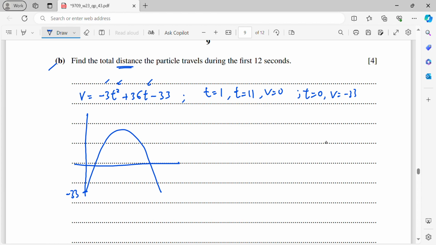This is negative 33, and then here is going to be 1. This is v, this is t. Okay, and here is 11. Now, you can calculate what is the v when t equals to 12. Okay, if not, you can just simply sketch. Now let's say this is 12.